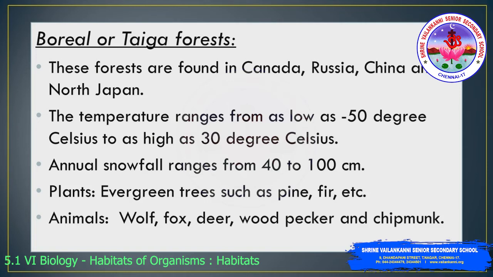The annual snowfall ranges from 40 to 100 centimeters. The plants that are commonly found in the boreal forest are evergreen trees such as pine, fir, etc. Whereas the animals that are commonly found are wolf, fox, deer, woodpecker, and chipmunk.